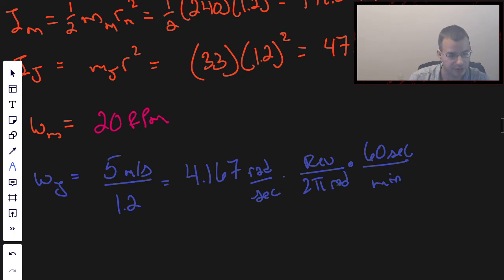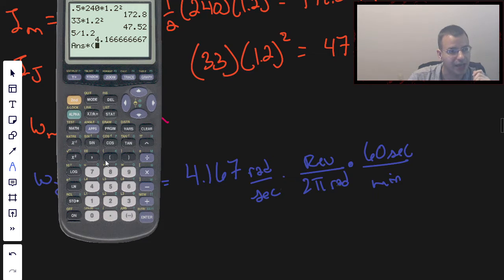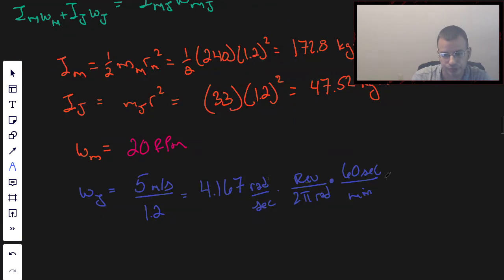So we're going to take our previous answer, multiply that by 60 divided by quantity 2 times 3.1415, and make sure we have enough parentheses. Yeah, maybe. And that gives us 39.8. That seems all right. Revolutions per minute.